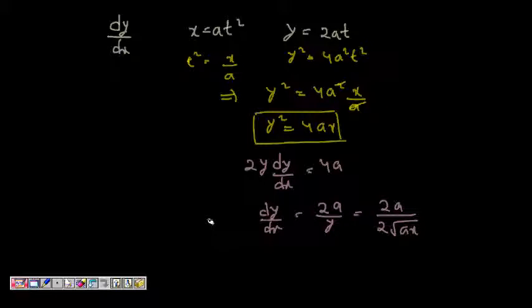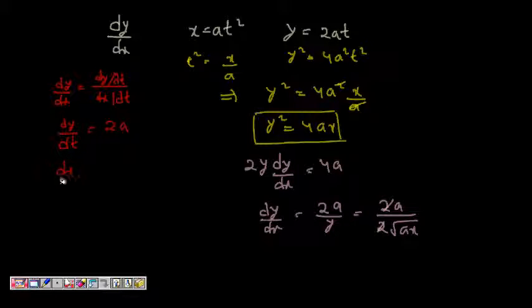But using the parametric form, can we get the same solution? So dy by dx will become dy by dt by dx by dt. Dy by dt is 2a, dx by dt is 2at.